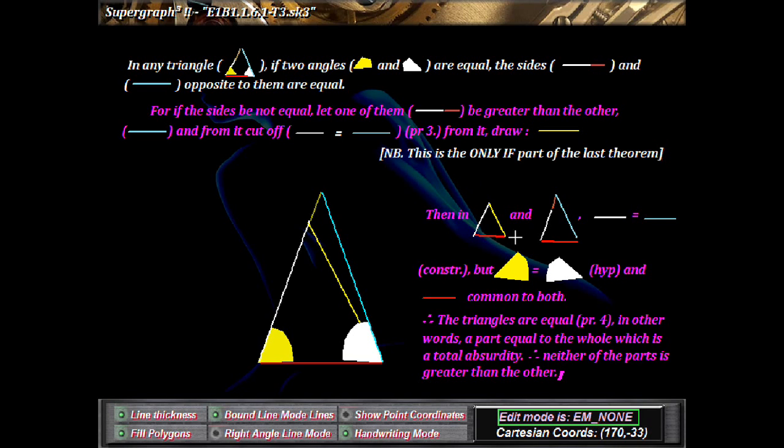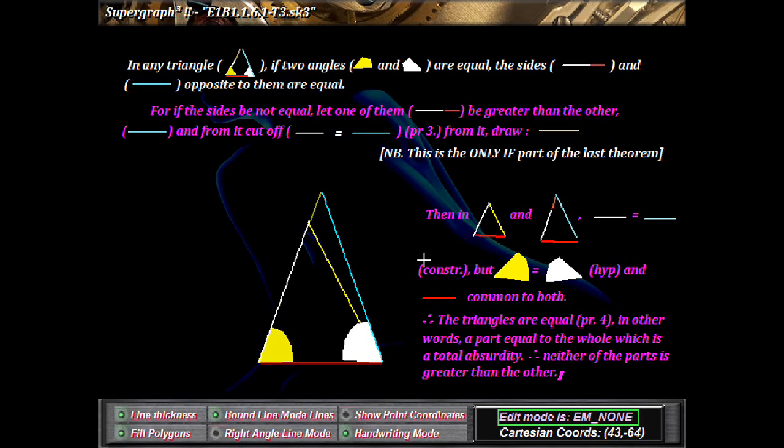Okay, so now we have this new triangle, and we have this other triangle where white is equal to blue. Alright? Now, by construction, that's what that construction should be at the end of this sentence.